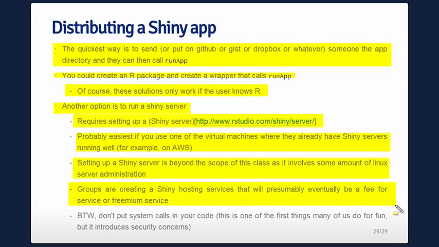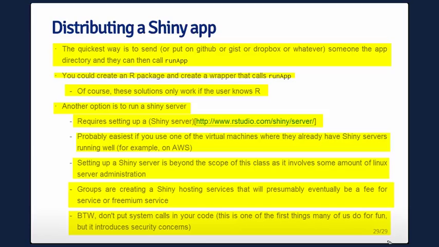There's groups, RStudio is one of them, that are creating Shiny hosting services. So they give you the Shiny server, and you just create the app on their platform, and then they host it. By the way, if you're like me, one of the first things you do when you found Shiny is you tried to extend it kind of ludicrously, and R has the system call where you can call, for example, the Unix terminal.